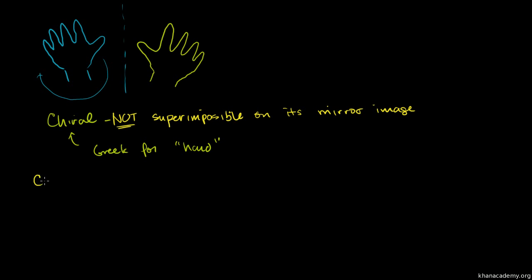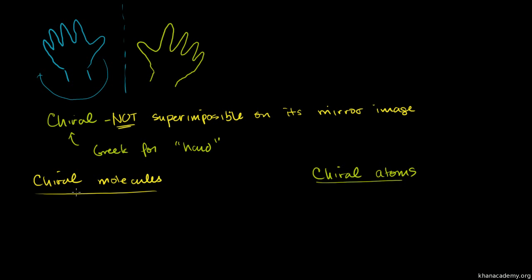There are chiral molecules, and then there are chiral centers, or chiral, well, I'll call them chiral atoms. They tend to be carbon atoms, so sometimes they call them chiral carbons. Now, chiral molecules are literally molecules that are not superimposable on their mirror image.